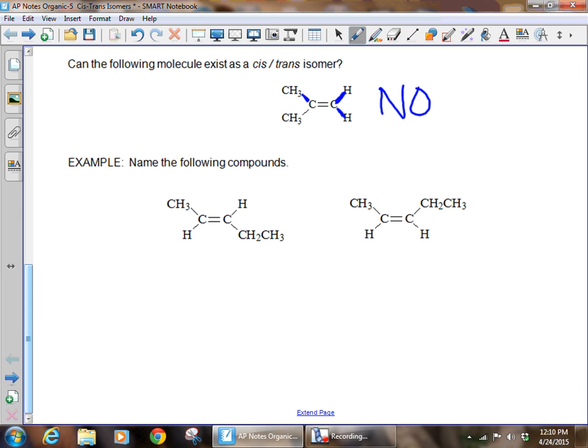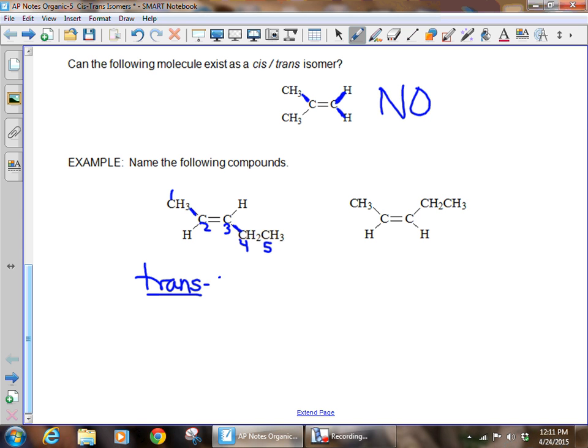So if we're naming these, we simply count the way we always have. We start numbering from the carbon closest to the double bond. So we'd start numbering from here. So it looks like this is a pentene. However, since this one has the non-hydrogen groups across from each other, this would be trans. It's written in italics, but in handwriting they usually underline that trans part.